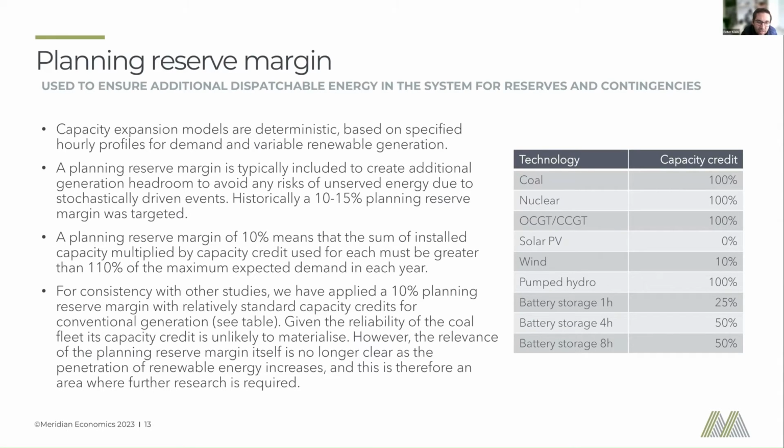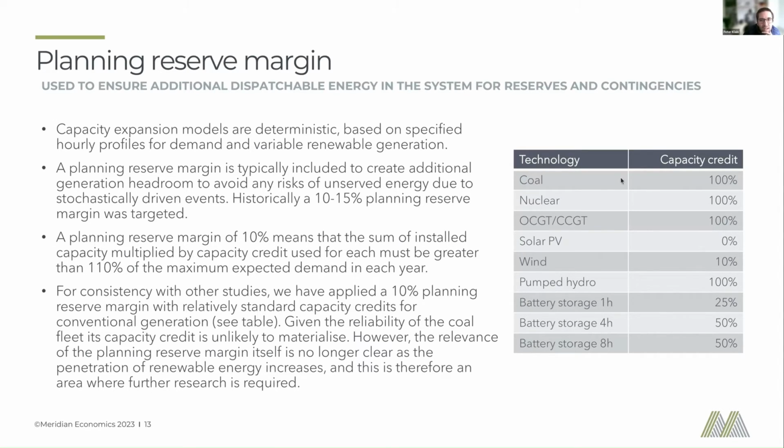As we start to move to having more and more variable renewables in the system and different weather years, I think there are some new approaches to how you would determine what is an adequate system that has some headroom in it. And from what we can see in the literature, it's not so much about this very brute force planning reserve margin, but more that you have to start to run multiple weather years and look at some more statistical parameters around potential loss of load.